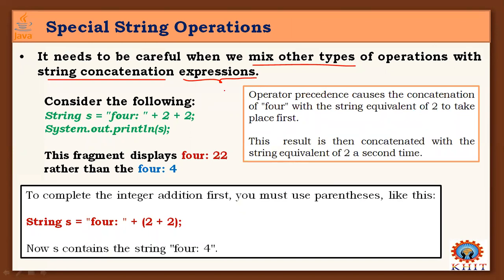In that case, you need to take care about the conversion. For example, string s is equal to one string literal in quotations, plus constant value 2 plus constant value 2. What happens internally when we print this? It simply displays like this: 4 to 2.